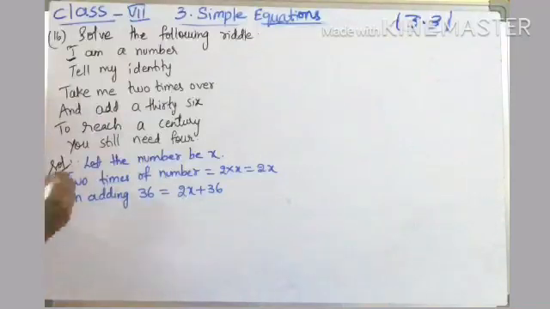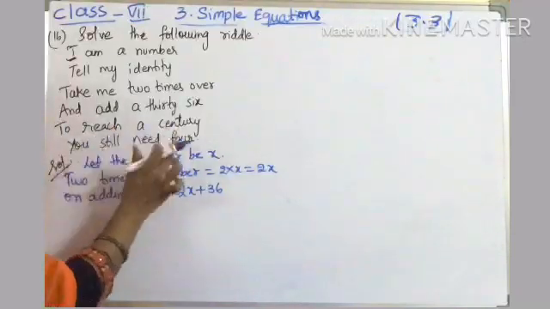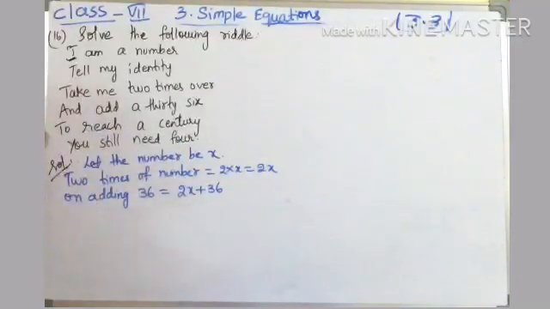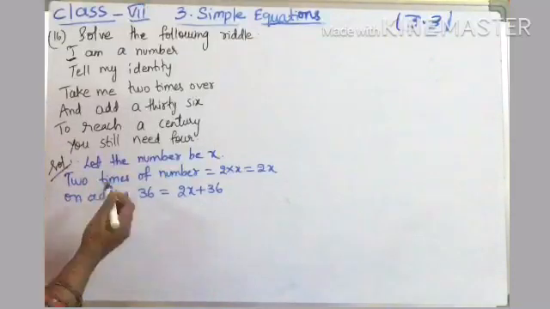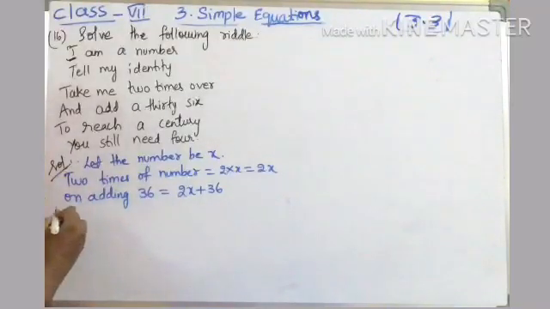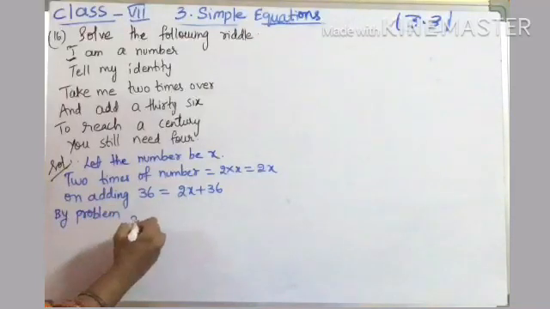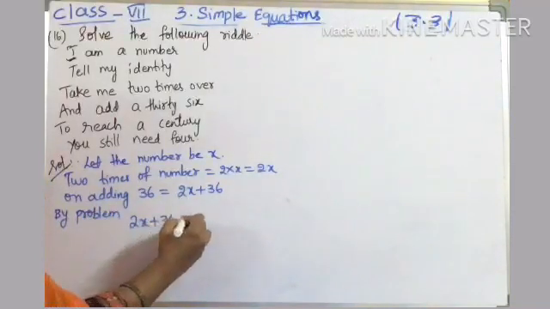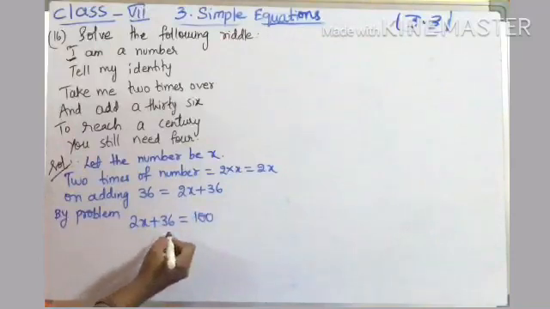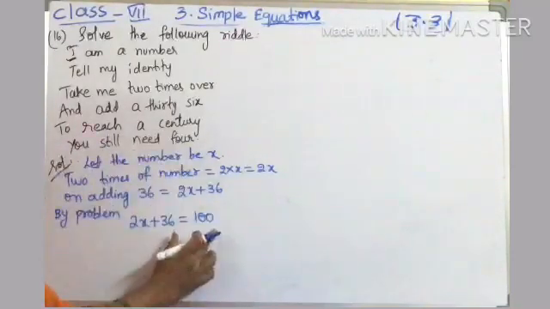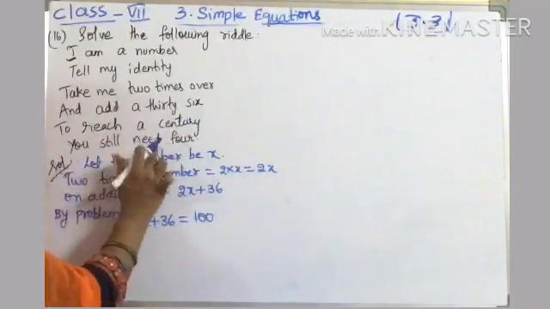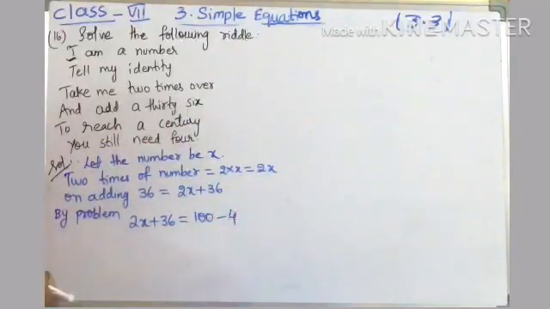Okay. Next, to reach a century. What is meant by century, children? 100. You still need 4, okay? That means minus 4. By the problem, 2x plus 36 equal to 100, but it's not exactly a century. To reach a century, you still need 4, so you have to do minus 4.